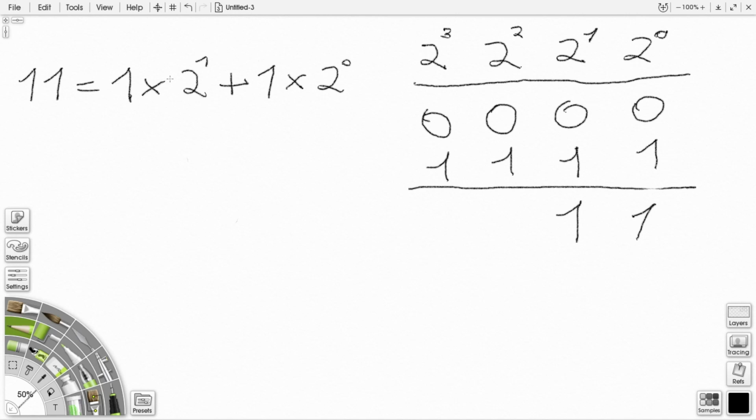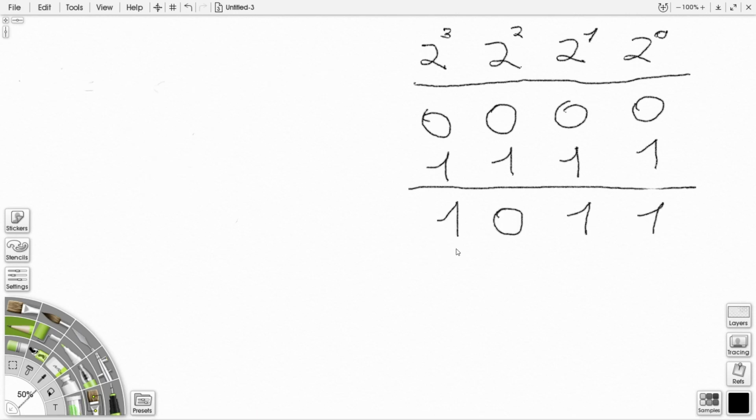So 1 times 2 to the power of 1, which is 2, plus 1 times 1. Do you agree? So our result is 3. So 11 in binary represents the number 3 in decimal.